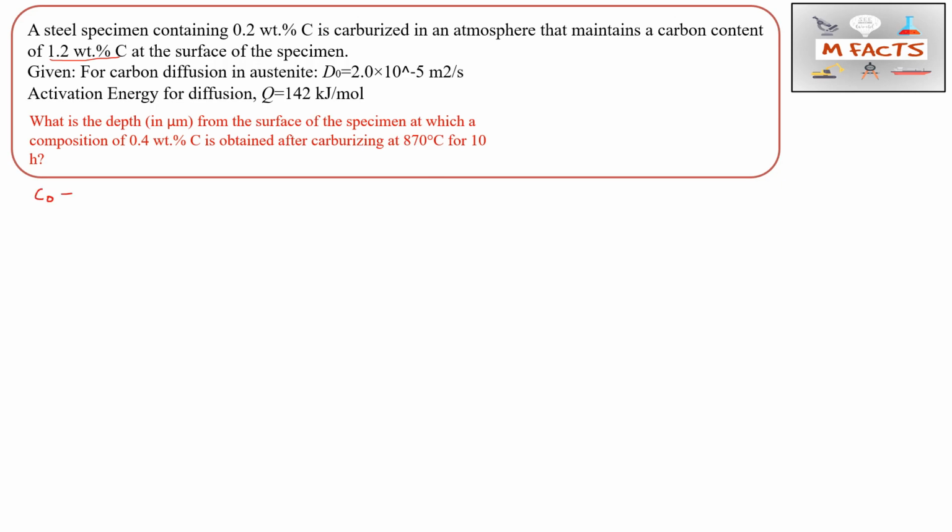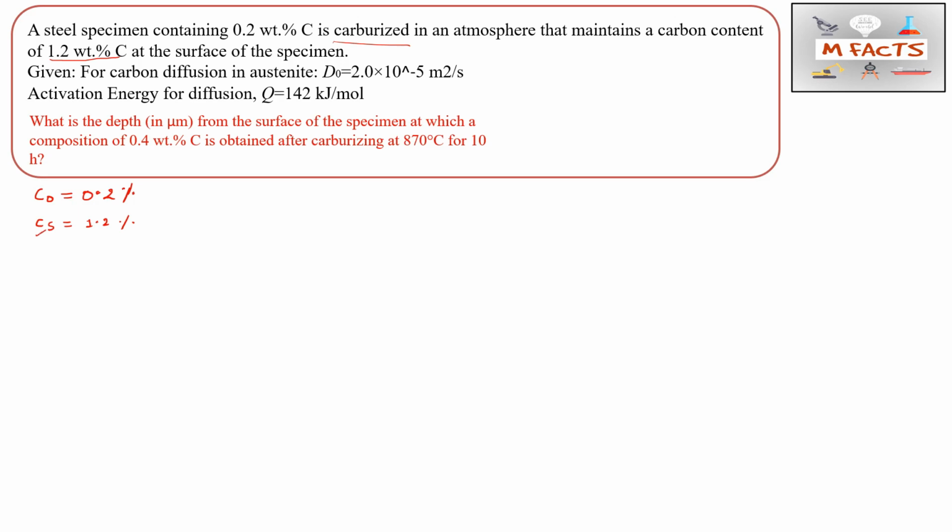C naught is 0.2 weight percent, the initial carbon percentage. And Cs, the carbon at the surface, is 1.2 weight percent.